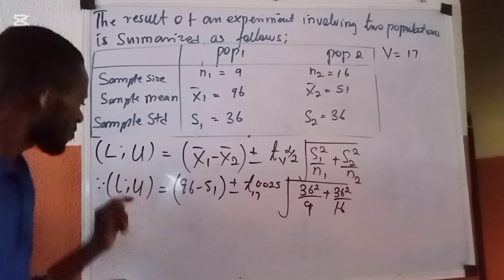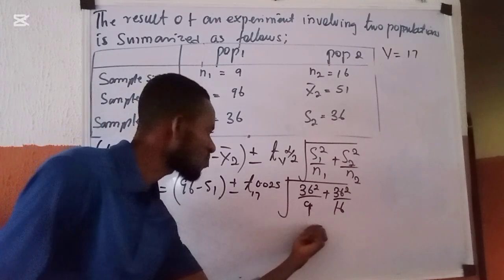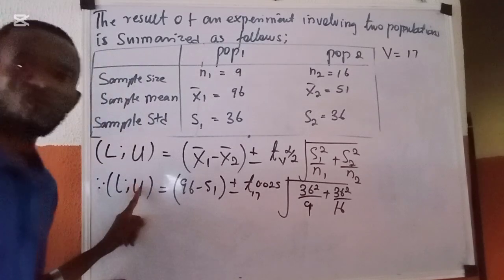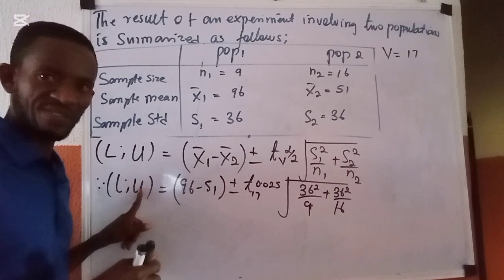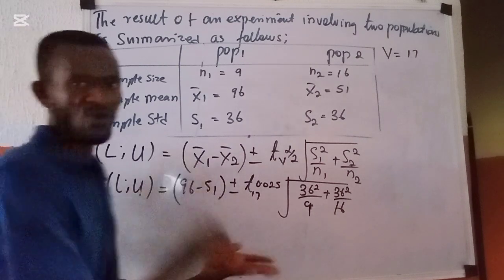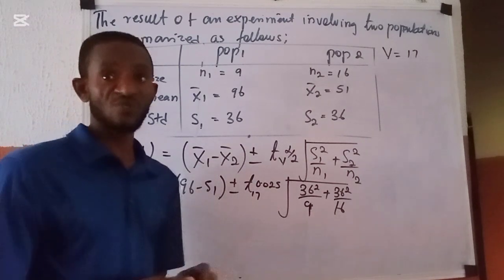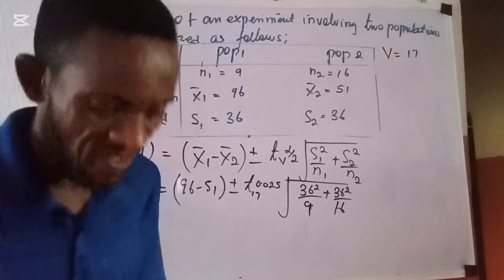Then whatever you got here plus whatever you got here will give you the value of U, the upper confidence limit. Okay? Because if we keep pressing the calculator and going to the end, it is going to cause troubles.